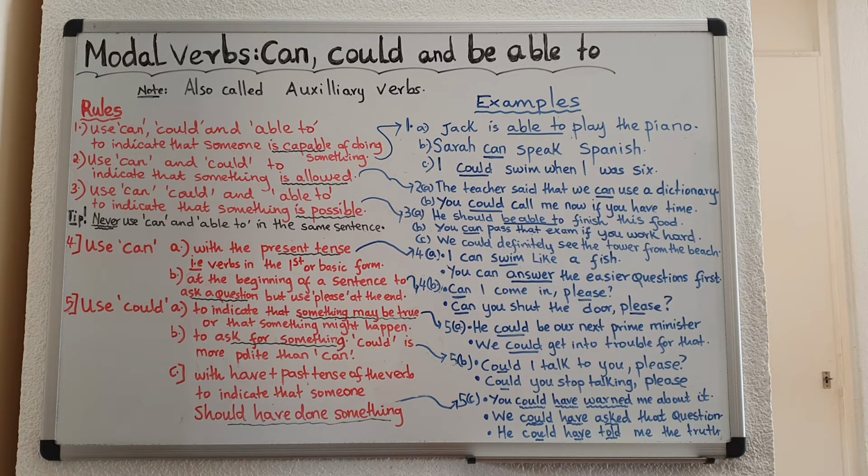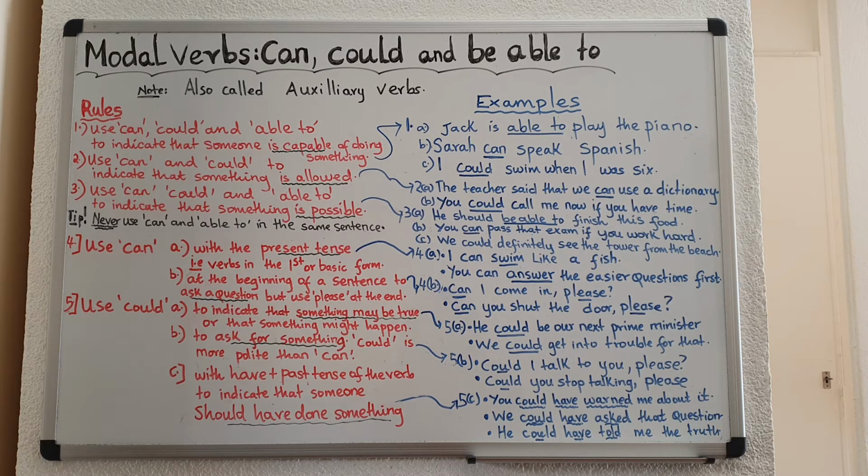Modal verbs are also called auxiliary verbs. There are different types of modal verbs, but in this particular lesson, we are only going to learn about can, could, and be able to. I will be uploading more videos about the other types of modal verbs that we have in English.